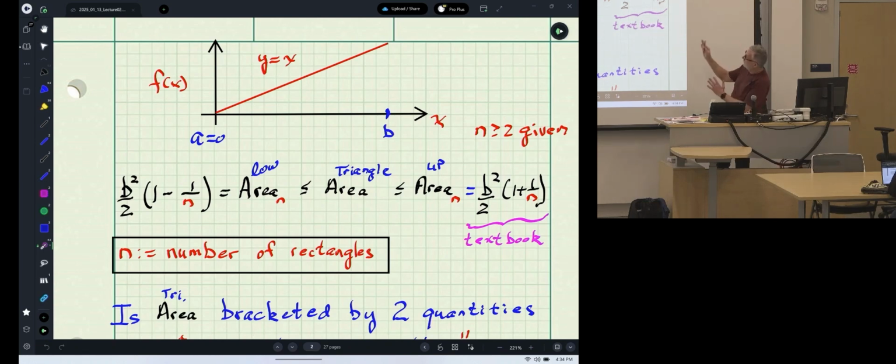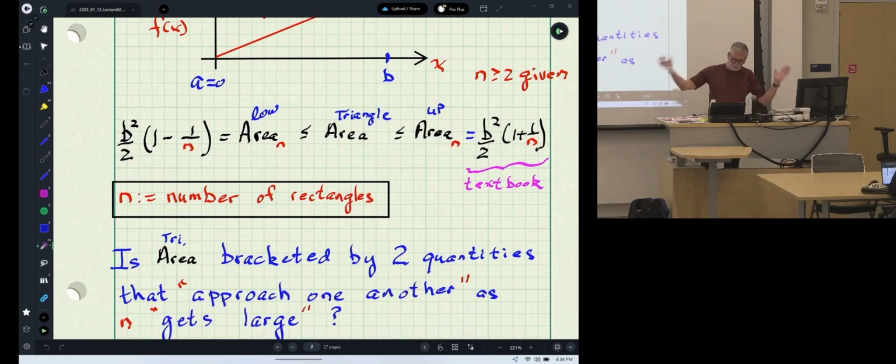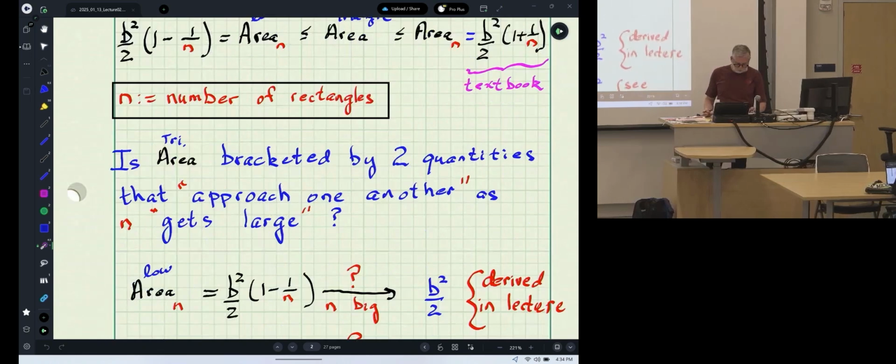So we do have the true area, and Archimedes' approximation principle works.